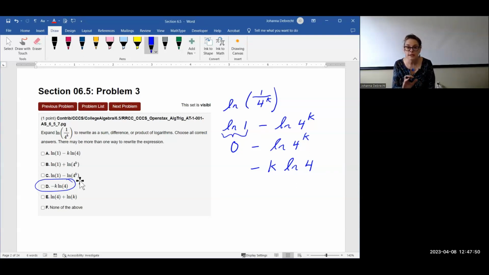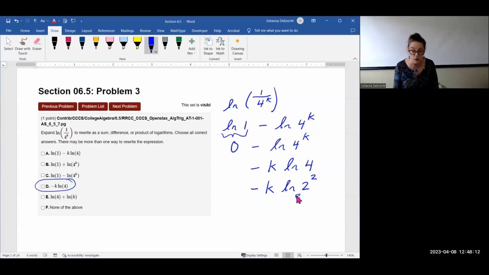And I want to point this out so that you can start seeing ways to simplify things on your own. And that is that 4 is actually a power of 2, right? It's 2 squared. So I could write this as minus k, the natural log of 2 to the second power. Now, the base is still e, so e and 2 don't match.